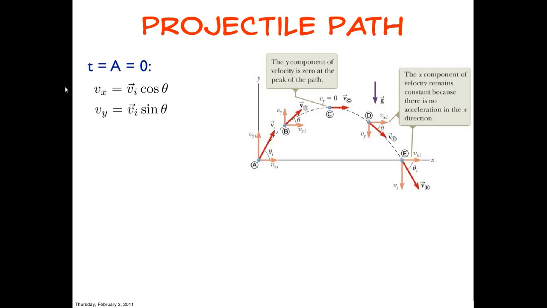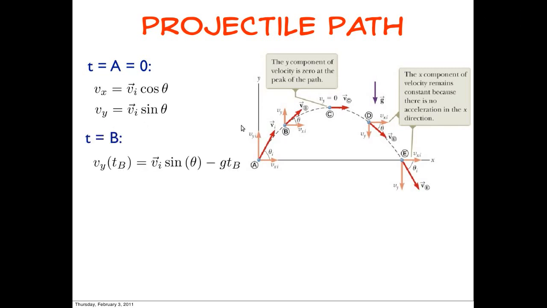So we can find the initial velocity in the x direction, and we can find the initial velocity in the y direction of this trajectory. In the x direction, it's just VI cosine theta, again using trigonometry, and in the y direction, it's just VI sine theta.